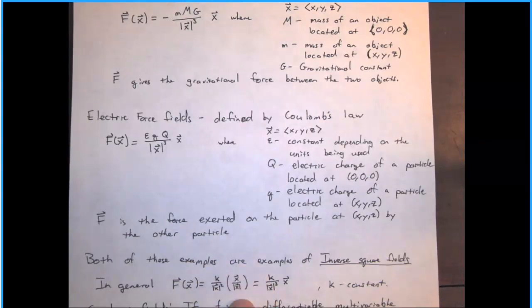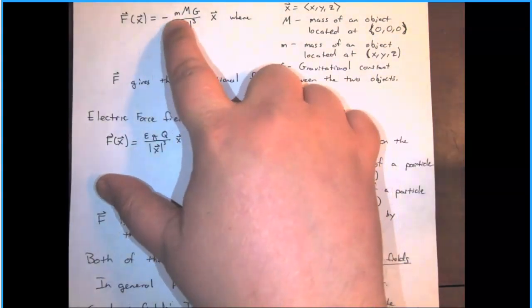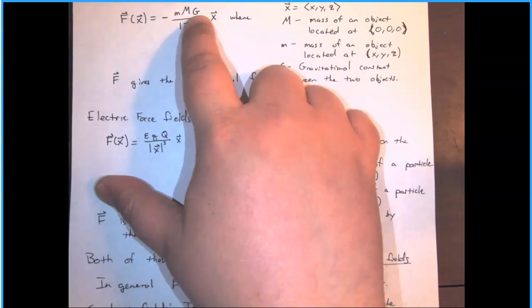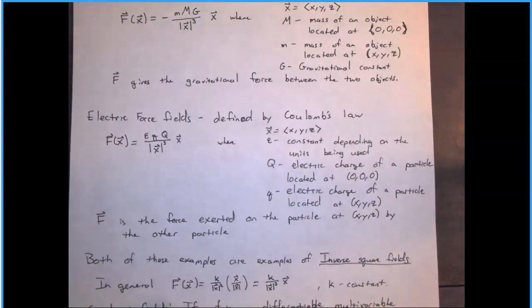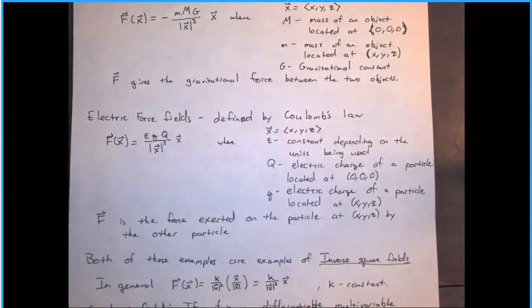So if I think of my input as a unit vector, and I'm dividing by the magnitude squared, then what I really get is the magnitude cubed in the denominator. And so you can see that both of these examples fit this format of an inverse square field. In the first example, k is actually negative lowercase m times G. That's my constant. And in the second example, my constant is epsilon times q. Those will both be my k's.